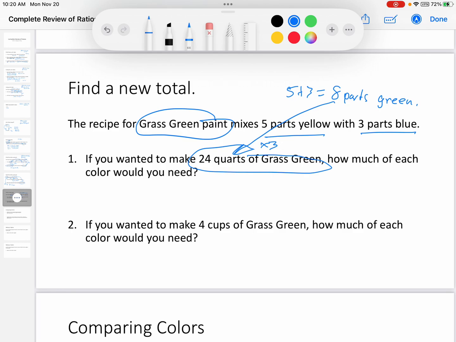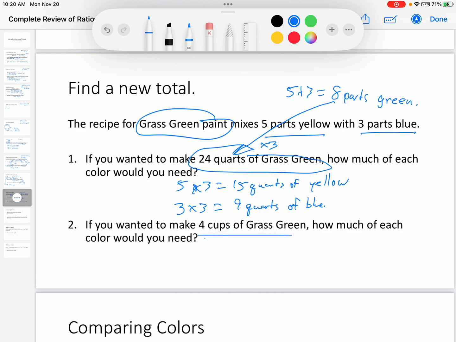We're going to multiply by 3. 5 times 3 is 15 quarts of yellow. 3 times 3 is 9 quarts of blue. It doesn't matter that it changed from parts to quarts because we're just using the numbers. The units don't matter as long as they're all the same as each other.